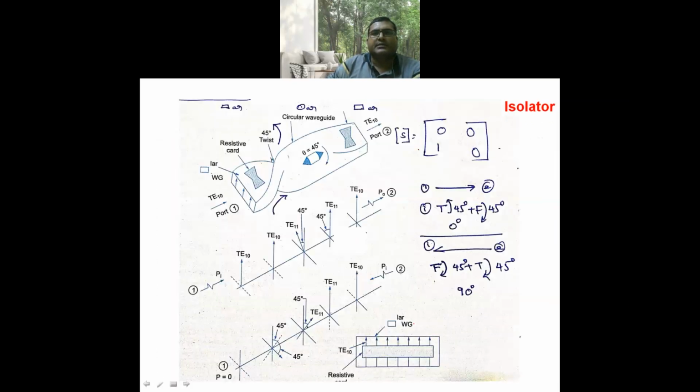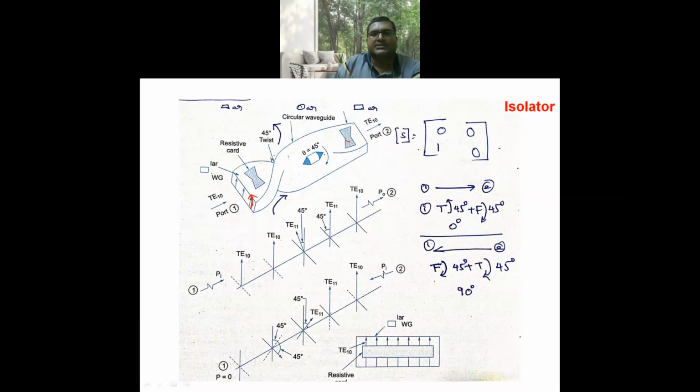You can observe a resistive card, twist, ferrite rod, and one more resistive card. These two are in the same plane. Initially, this polarization is considered perpendicular to the planes of the resistive card. Then only the electromagnetic wave will come out of the resistive card.